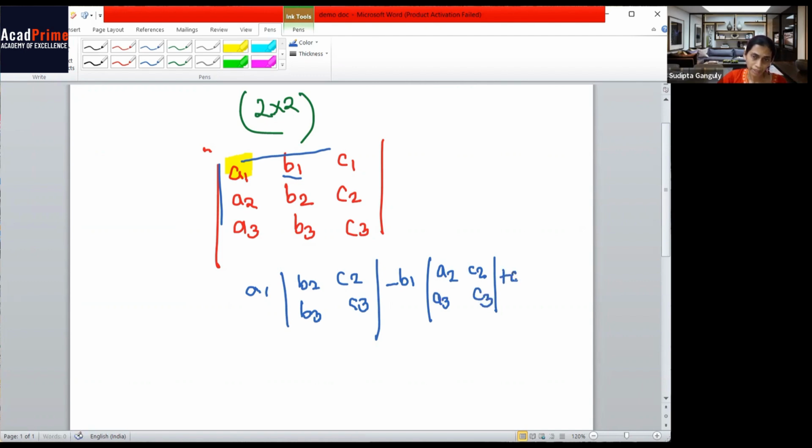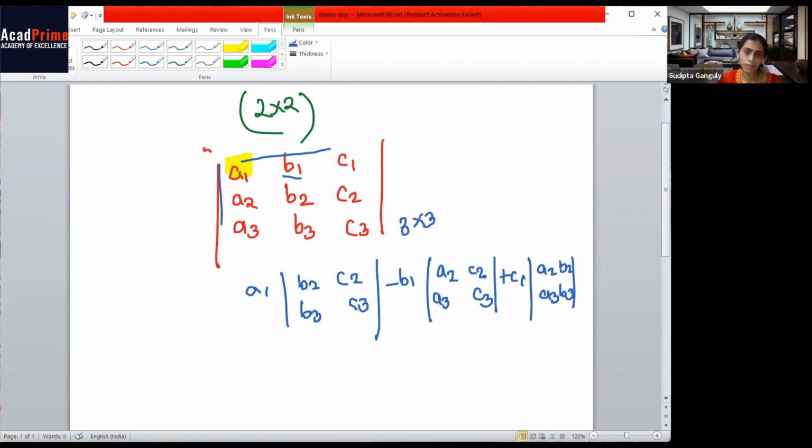And at the end, we have C1, and I'm going to write A2, B2, A3 and B3, right? So this is a way to solve this kind of determinant where the order is 3 by 3.